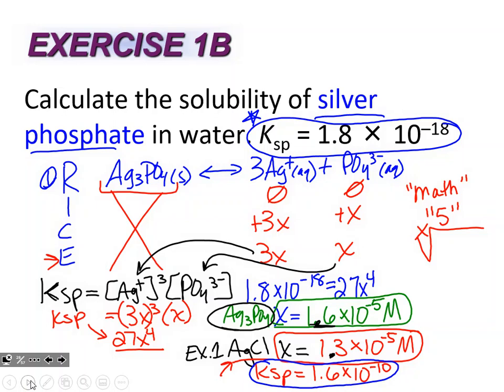And this is exactly the reason why you cannot directly compare Ksps of things that have a different ratio of ions. If they are a different ratio of ions, you cannot directly compare it. You have to do the calculation and find the molar solubility, and then you can compare them. Because the molar solubility of the silver phosphate is more, it can dissolve more at its equilibrium than the silver chloride can. So mathematically, that's how this works out.